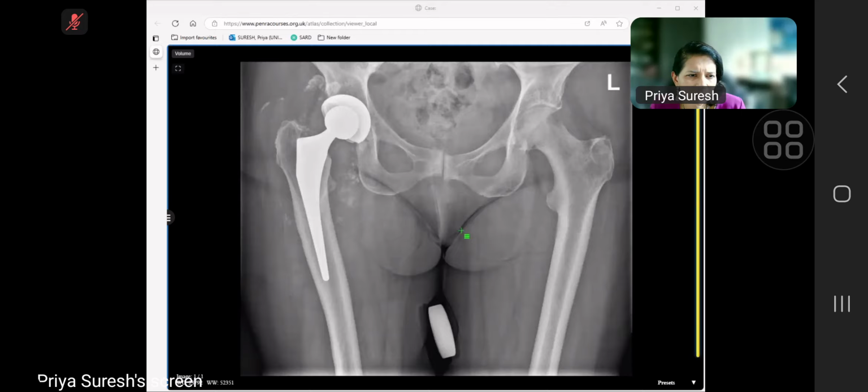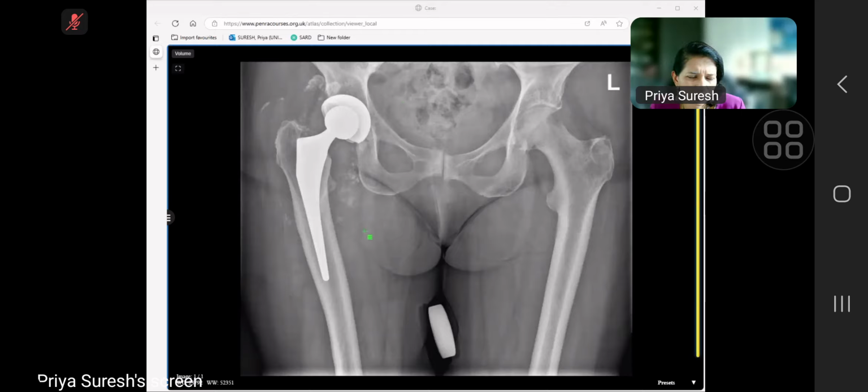The plain film has features, and the MR has features. So which do you think is the tumor? I think the large soft tissue component.